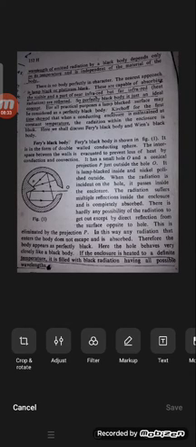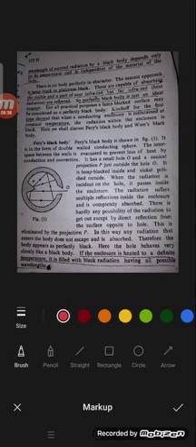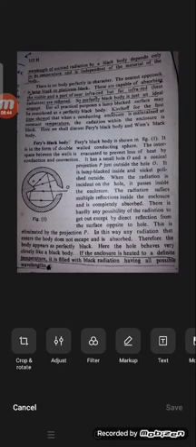The space between the two walls is evacuated to prevent or minimize the loss of heat by conduction and convection.